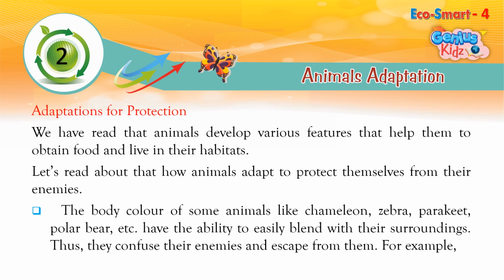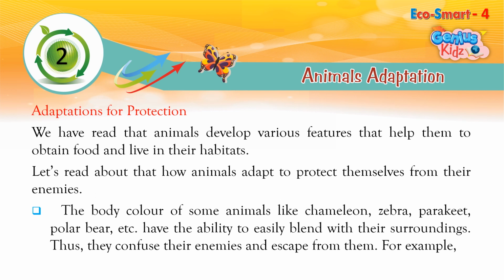Adaptations for protection. We have read that animals develop various features that help them to obtain food and live in their habitats. Let's read about how animals adapt to protect themselves from their enemies. The body color of some animals like chameleon, zebra, parakeet, polar bear, etc. has the ability to easily blend with their surroundings.